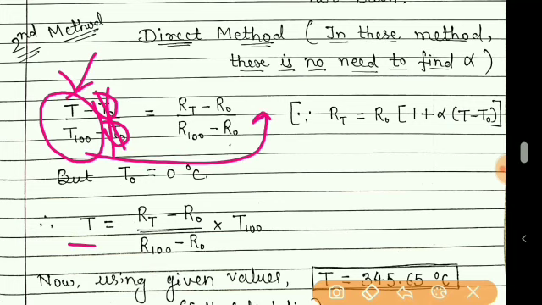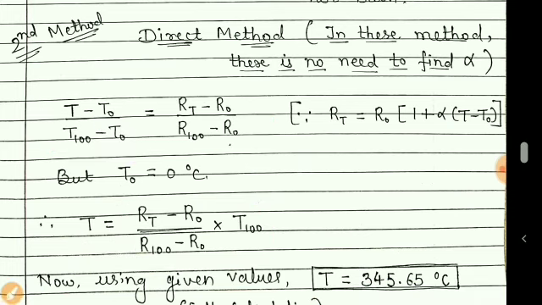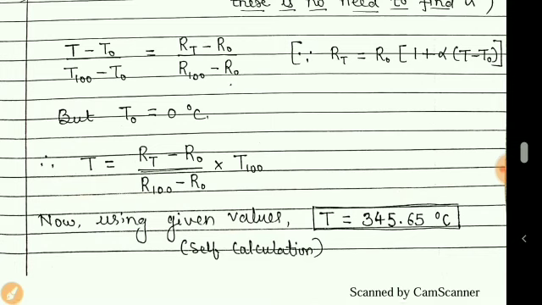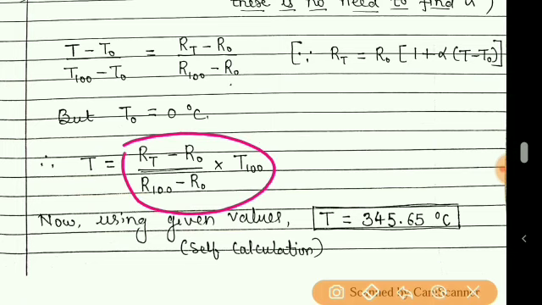So T is equal to RT minus R naught upon R100 minus R naught into T100. Finally, putting the values, all these values are given, and you will get the answer. So students, I hope you understood both the methods.